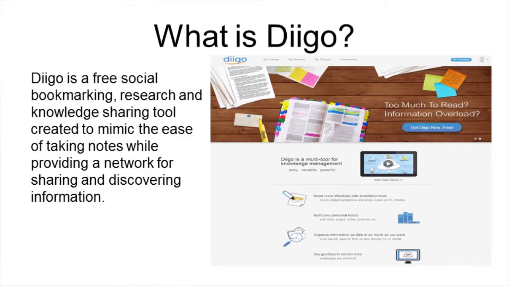Along with digital curation, the tool that I use is Diigo. So what is Diigo? Diigo first started out some years back as a bookmarking tool. You could bookmark web pages that you've searched, organize them, and do some basic note-taking.